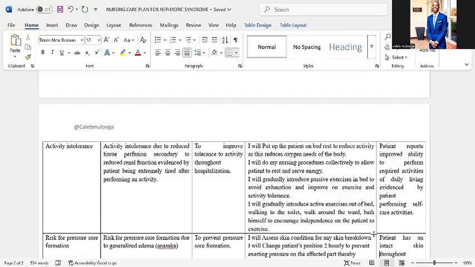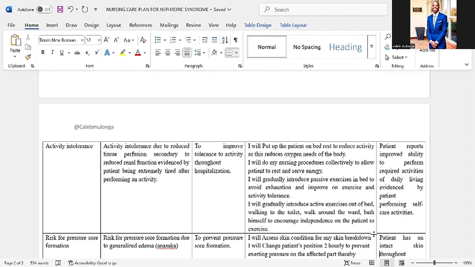Therefore, we can use a problem we are calling activity intolerance. So nursing diagnosis, activity intolerance due to reduced tissue perfusion, secondary to reduced renal function, evidenced by patient being extremely tired after performing an activity.